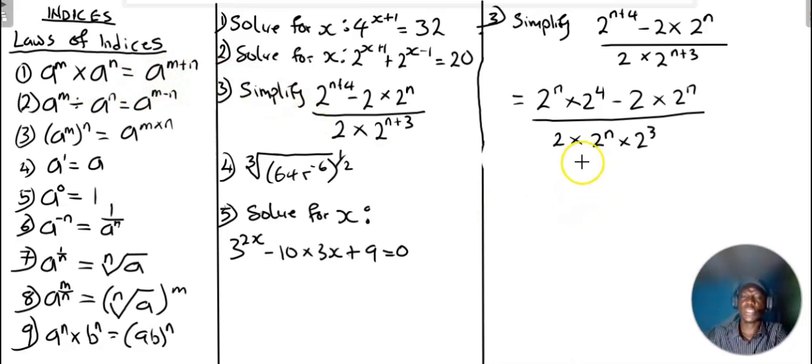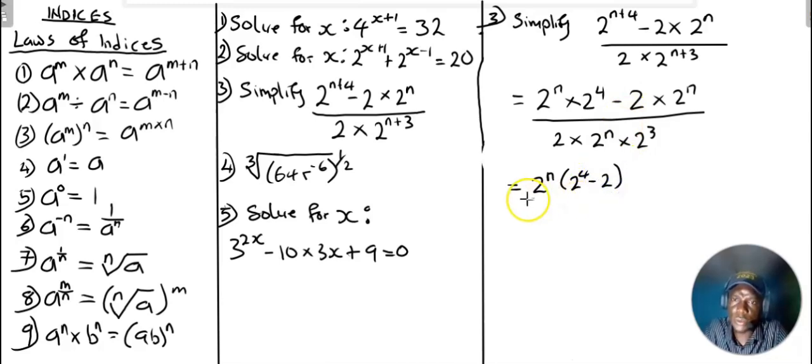Now the next thing we have to do is factorize the common factor here, which is 2 raised to power n. You have 2 raised to power n here, you have 2 raised to power n here at the numerator. So when you bring out 2 raised to power n, what's left? You are left with just 2 raised to power 4, then minus 1.